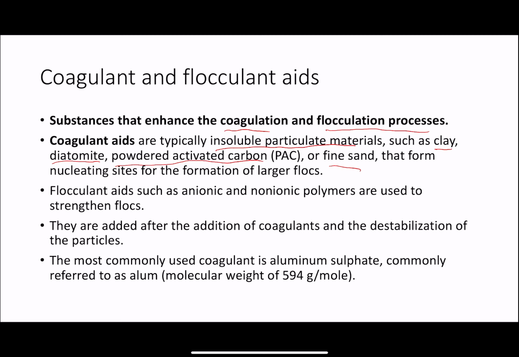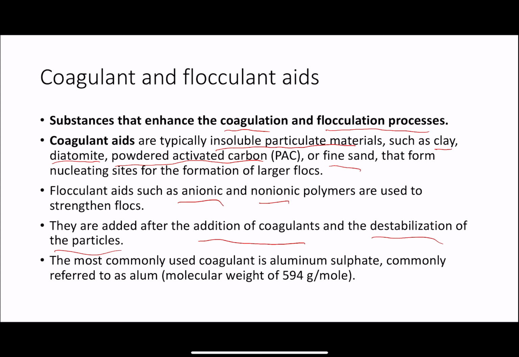These help form nucleating sites to form large flocs. Flocculant aids, such as anionic and non-ionic polymers, are used to make the floc very strong. We don't want a floc that is very weak and will break in the middle of the tank. And these are added after you add the coagulants and destabilize the particles.